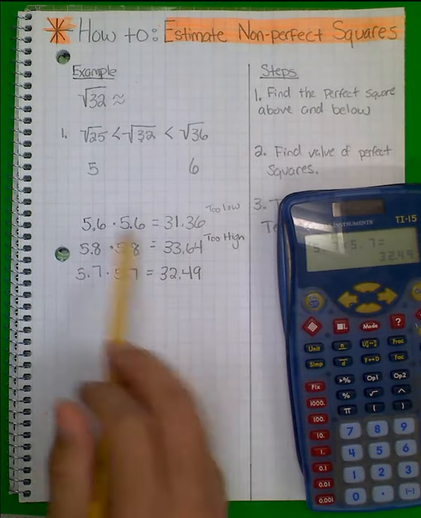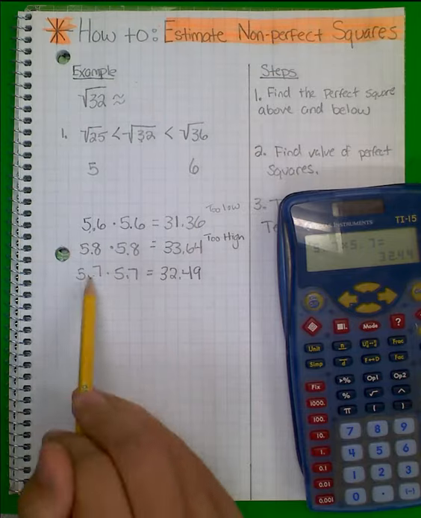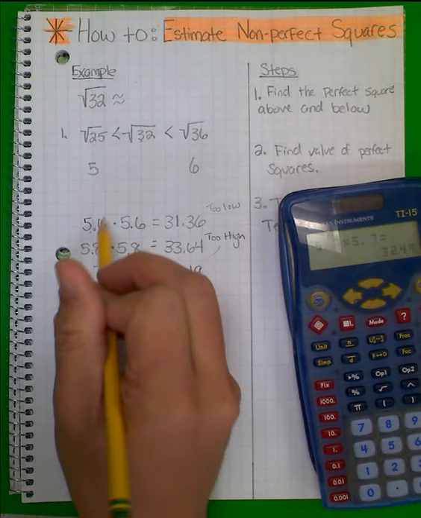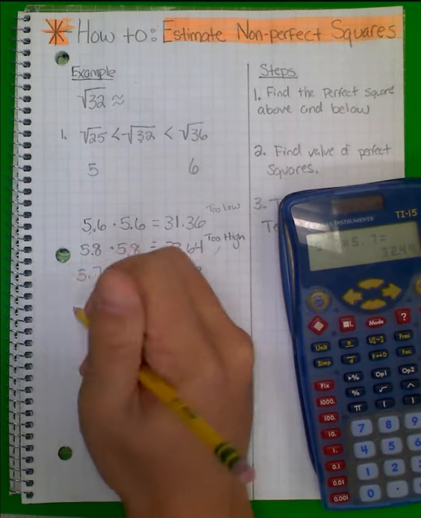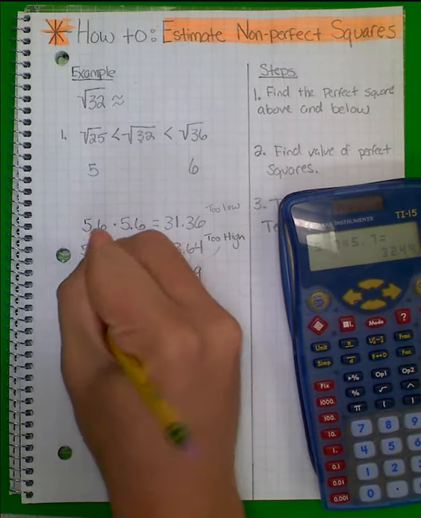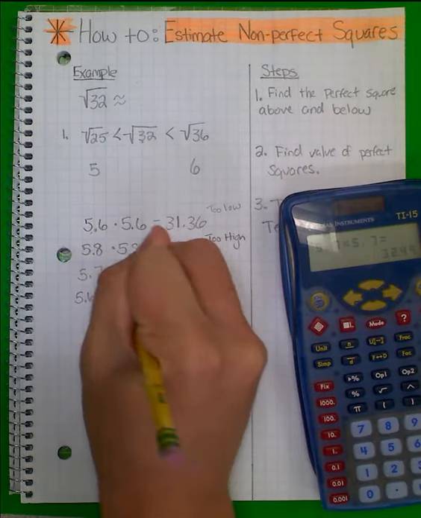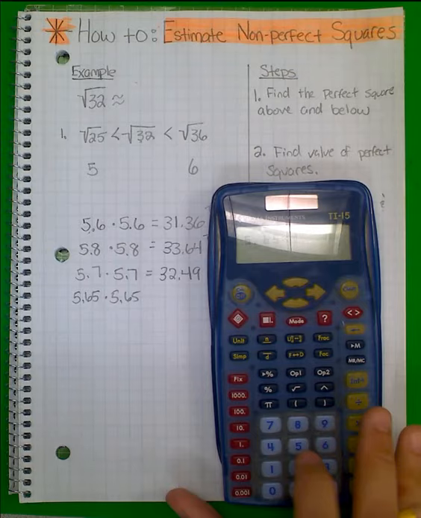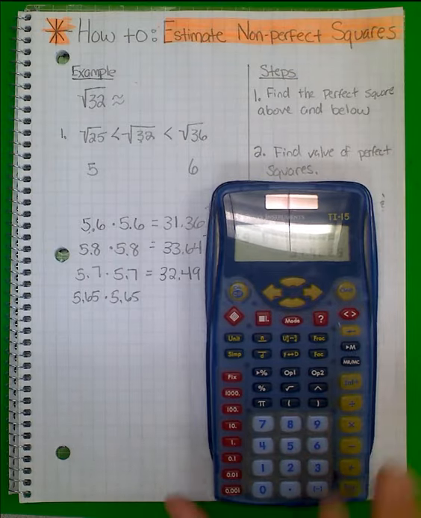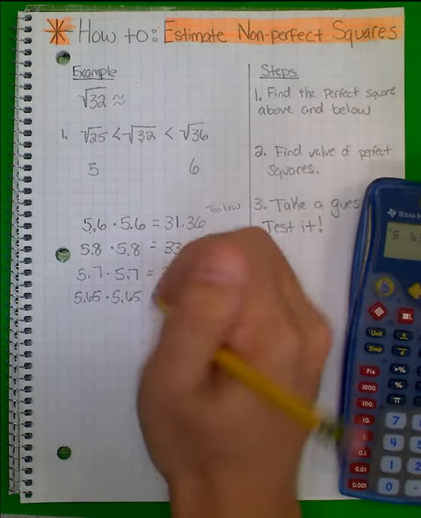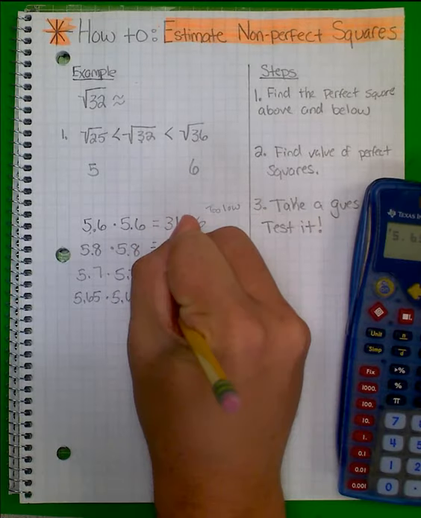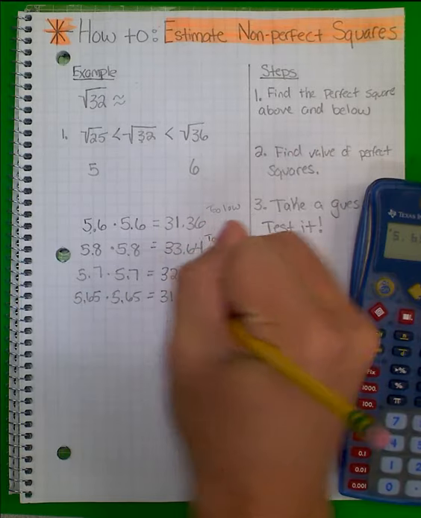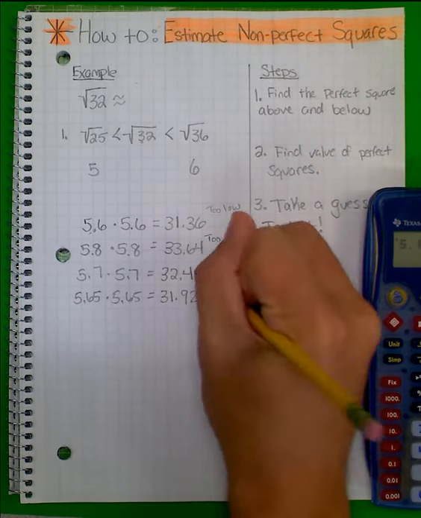So 5.6 was too low. 5.7 is still a little too high, so I might try something in between these, such as 5.65, 5.65, and let's see, 31.92. That's pretty close. I think we have found a good estimate. This is just right.